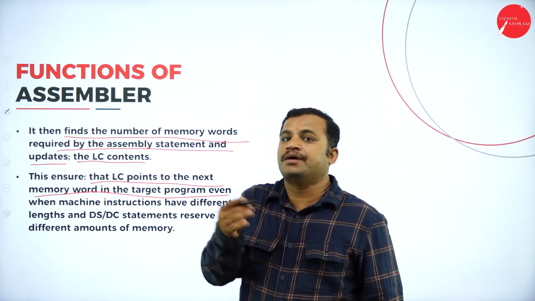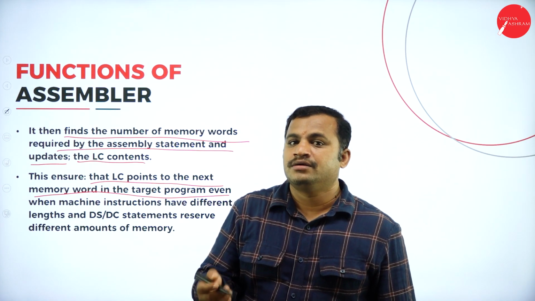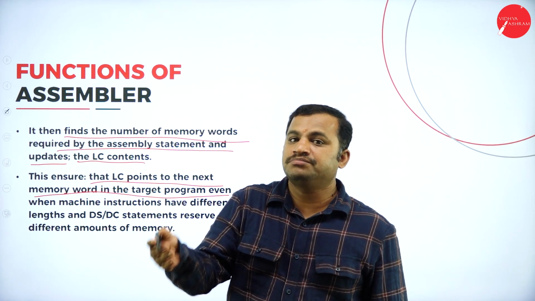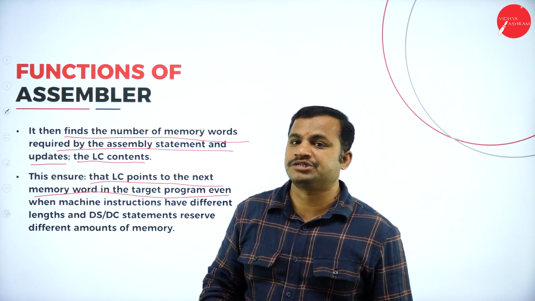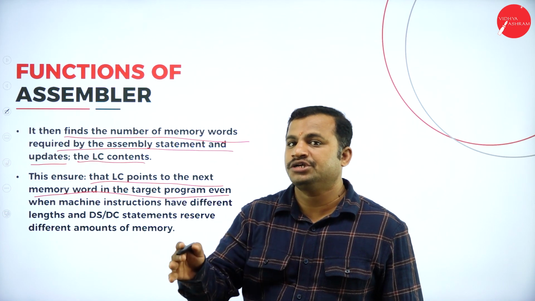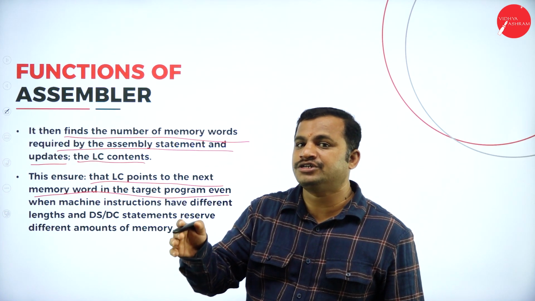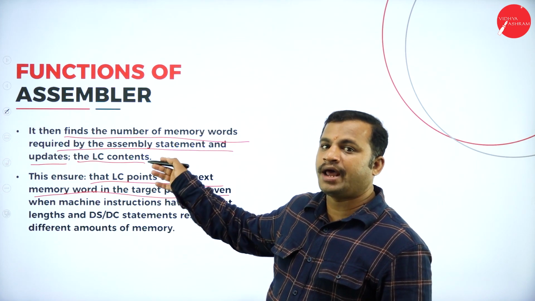Some subroutines may require more space and some less. All those details are available with the location counter, which is responsible for allocating the memory words in memory locations with respect to the program defined.